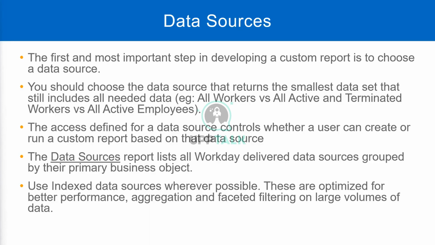Now we create something called a data source. A data source is based on the business object. All the fields in the business object are accessible by the data source. But what is the difference between a data source and the business object? The data source is a specified view of the business object. It already has some filters, etc. built into it.